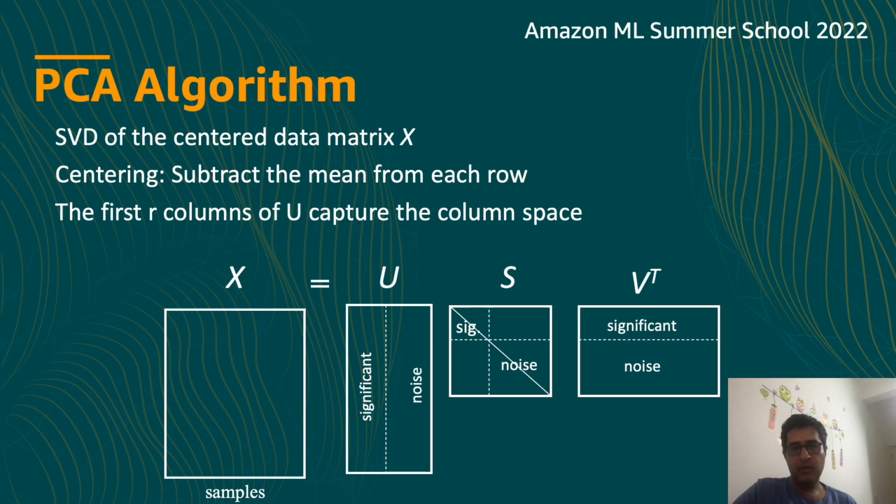In principal component analysis, you are saying that the first R columns of U and the first R rows of V are significant. The rest is noise, right? In terms of S, remember that this is a diagonal matrix as comes out of SVD. So most of your signal is sitting on the top diagonal elements.